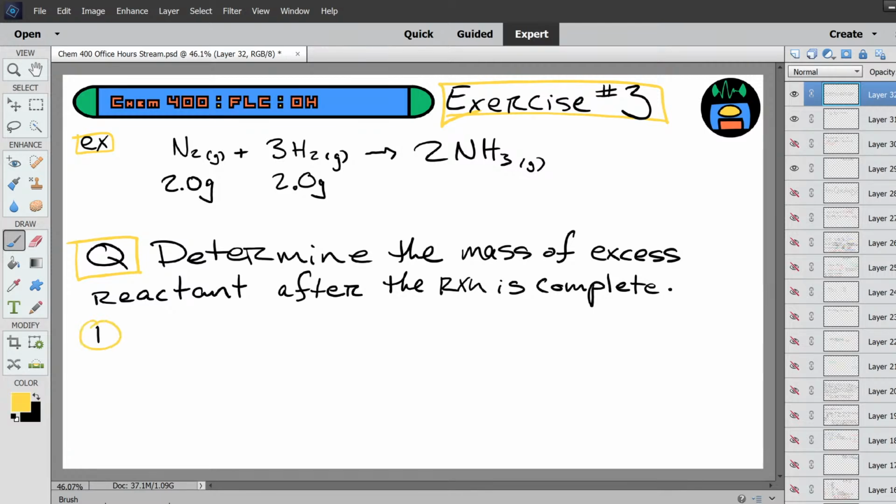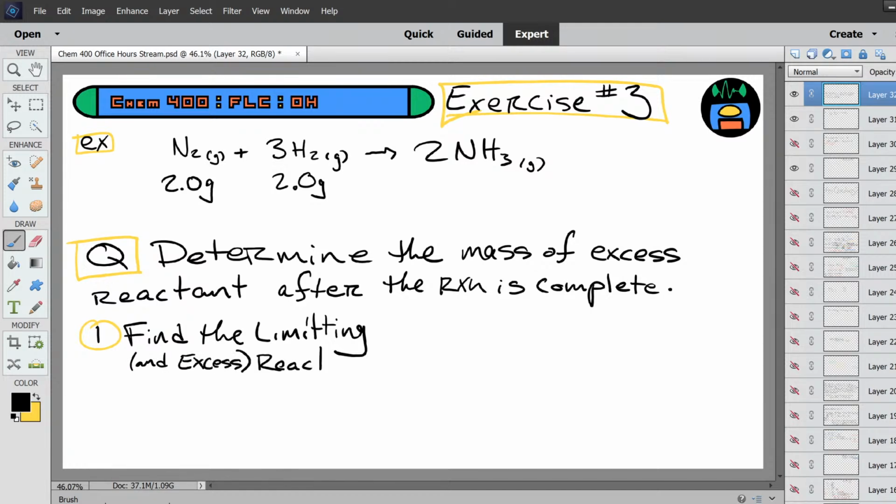Step 1: find the limiting and excess reactants. All right, that's step one.